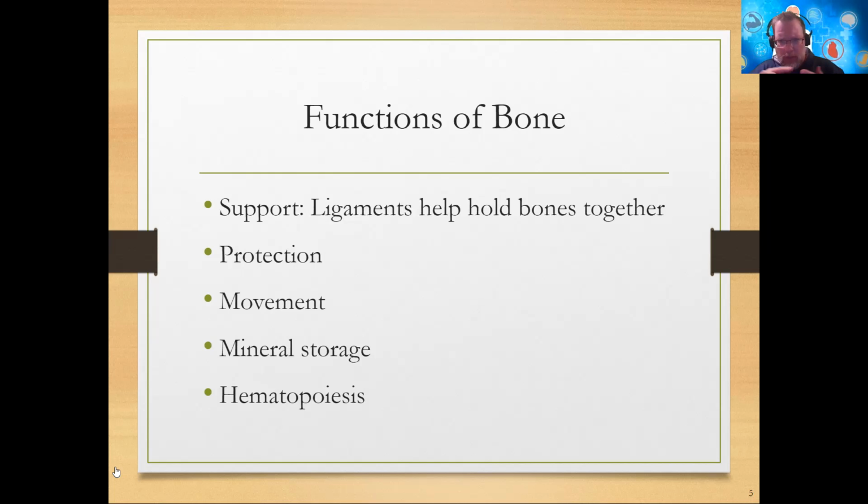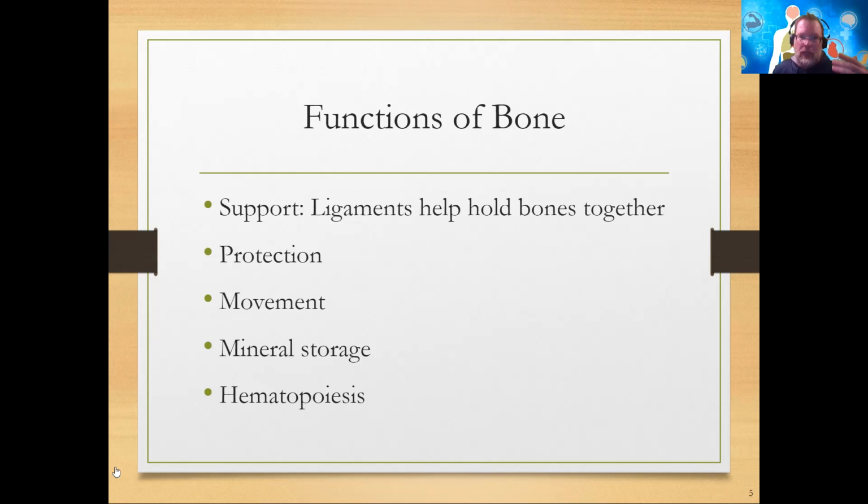Protection, certainly with the skull and the vertebral column and the thoracic cage, we're going to be protecting quite a few of our vital organs. Movement, in the next unit we go through the muscular system, primarily musculoskeletal aspects.